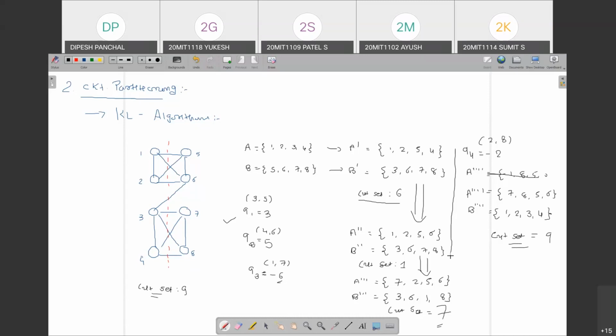Now here something interesting we are going to see. Which gain do you select? Positive gain. So students have a misunderstanding, or in a hurry they make mistakes.